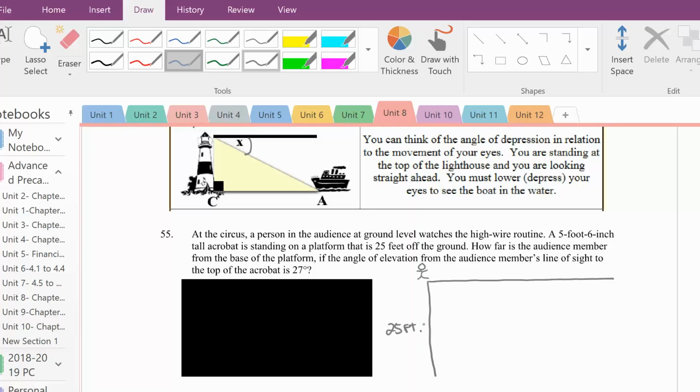And the angle of elevation from the audience member's line of sight to the top of the acrobat. So here's the audience member. So their angle of elevation is 27 degrees. And it wants to know how far is the audience member from the base of the platform, so X.